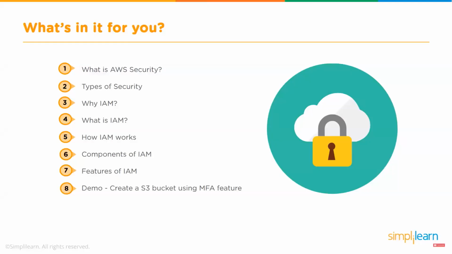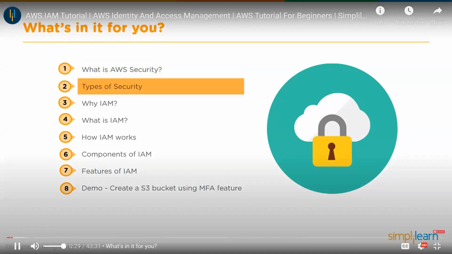Here in this section, we're going to talk about what security in AWS is, and then gradually move on to other topics like the types of security available in AWS.